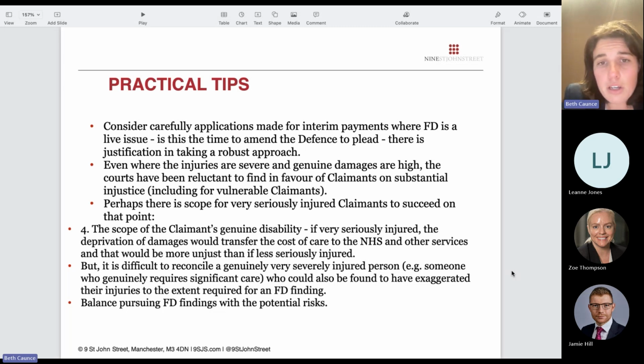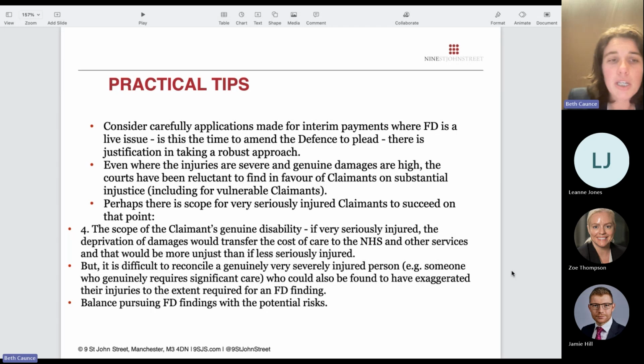And finally, in terms of the substantial injustice points that I've touched on, even where injuries are severe and where genuine damages are high, the courts have still been reluctant to find in favour of claimants on this point, including for those who are really very vulnerable. Perhaps there is scope for very seriously injured claimants to succeed on that point.